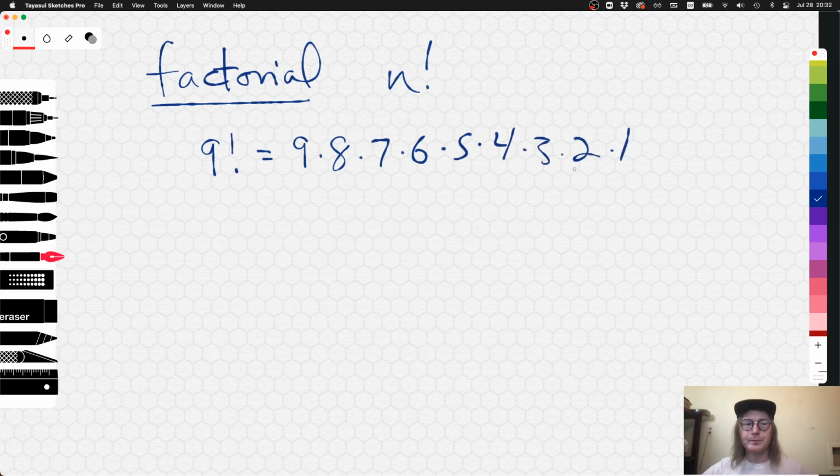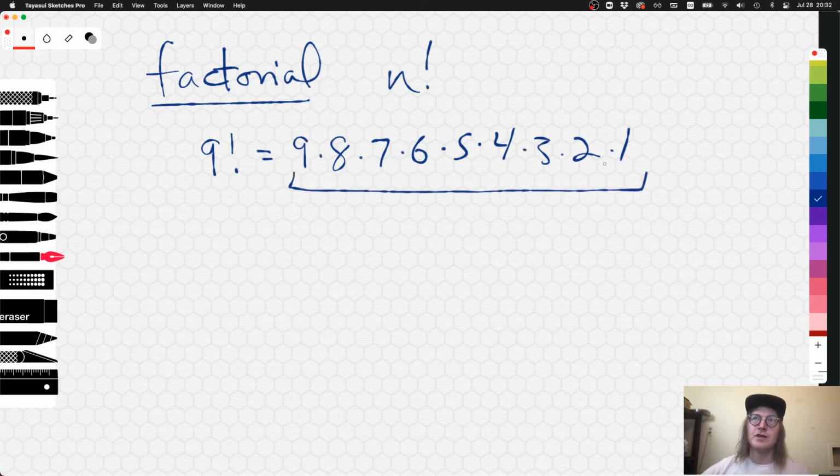It turns out that this calculation is the number of ways that we can arrange 9 objects. This represents, for us, the number of ways to arrange 9 objects.